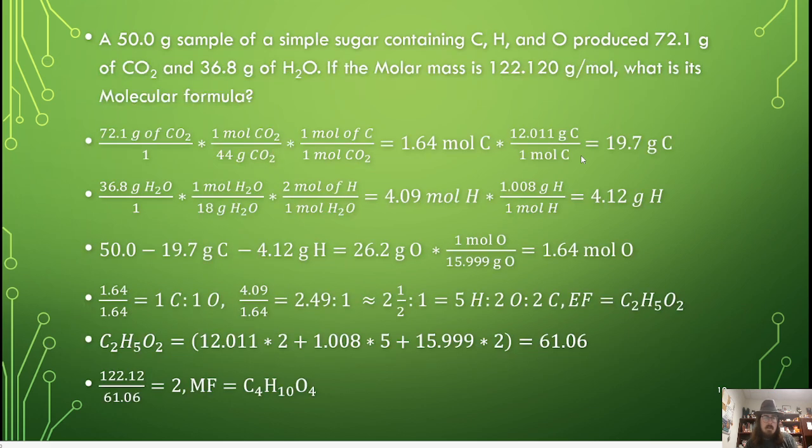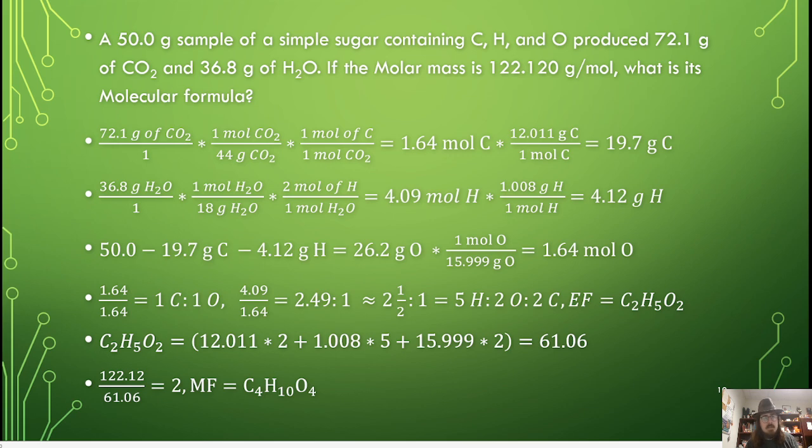Now, looking at this, one more complicated problem before we try one of our own. A 50-gram sample of a simple sugar containing carbon, hydrogen, oxygen produced 72.1 grams of CO2 and 36.8 grams of water. The molar mass is 122.12. What is the molecular formula?